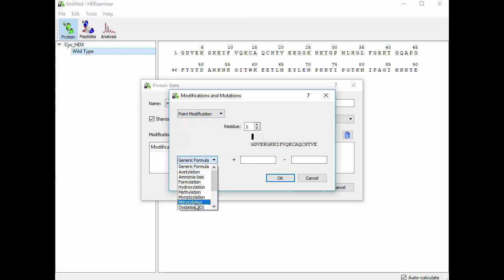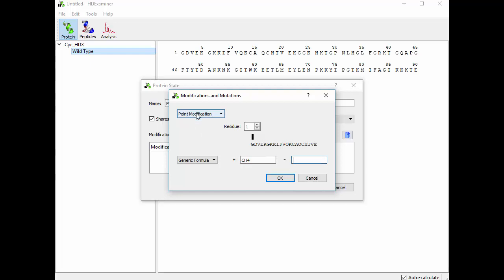So there are a handful of common modifications on this list, but if what you want isn't on this list, you can simply select generic formula and type in what you want for a formula, and it lets you type in both an additive formula and a subtractive formula, because some modifications add a certain chemical formula but also take away a hydrogen or something like that. So that's what this lets you do.